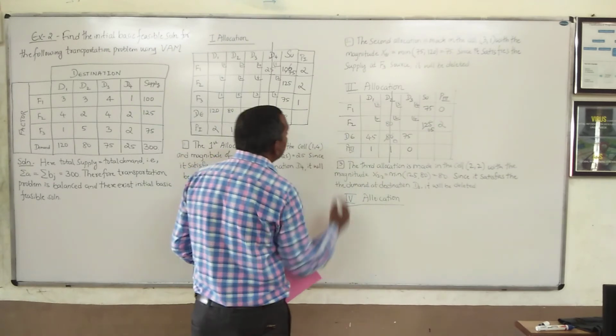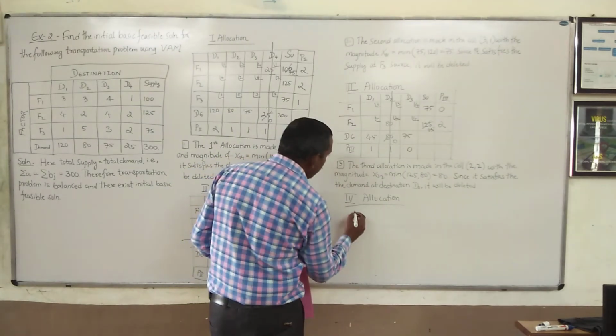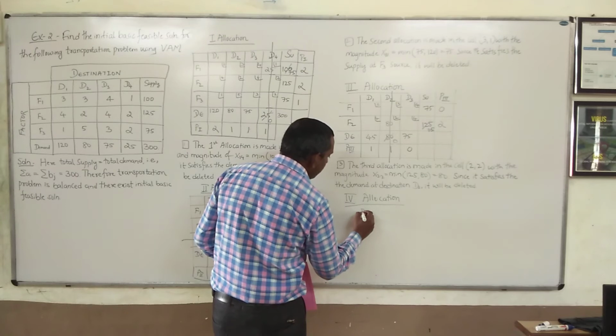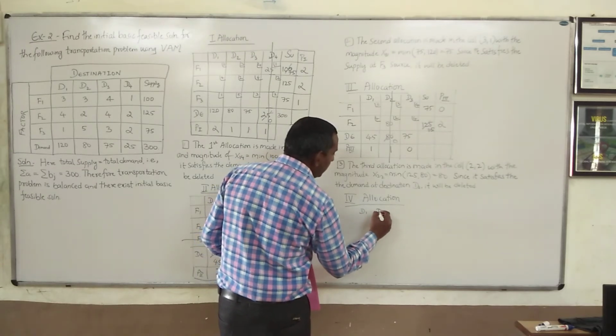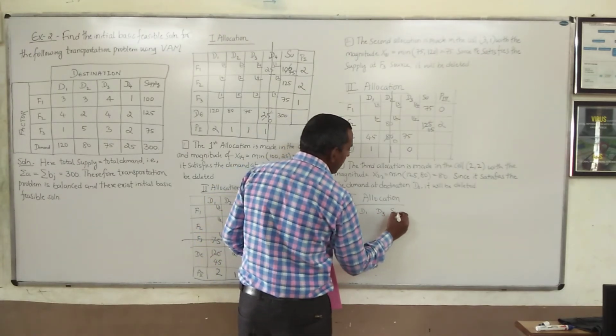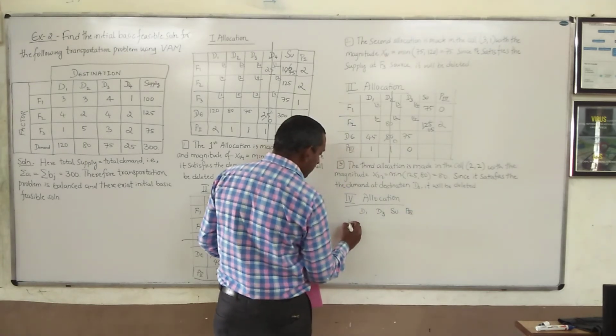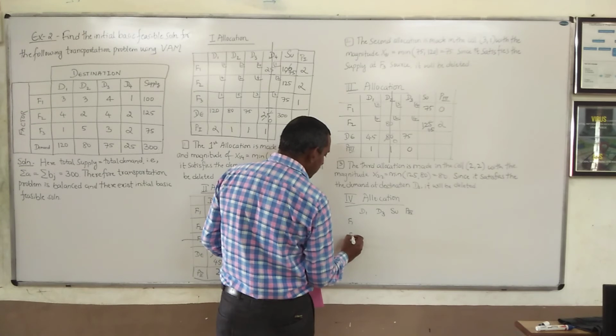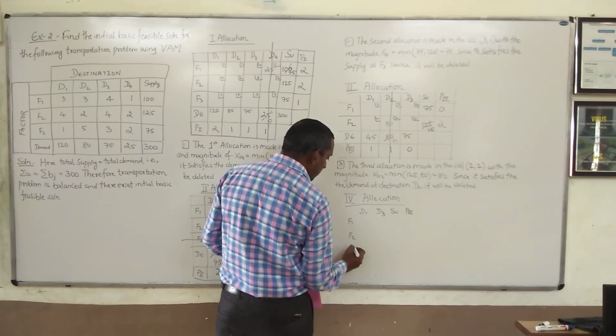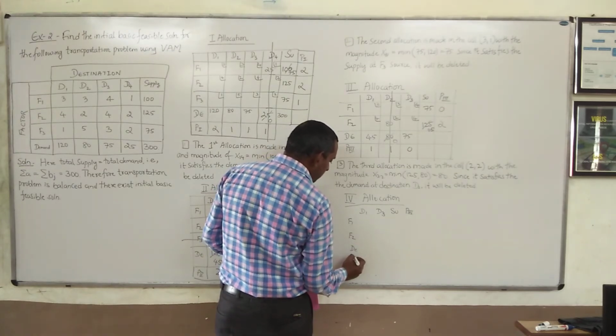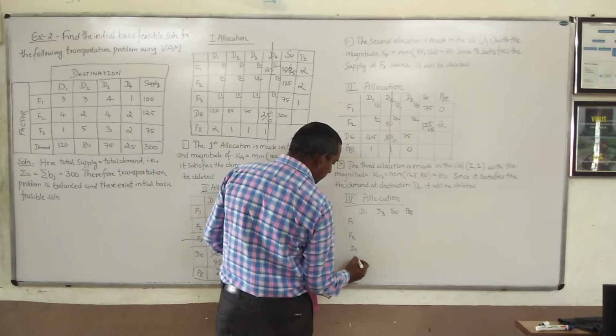In the fourth allocation, let me draw the table here. So it consists D1 and D3 followed by supply and it is P4. Next one is F1, it is F2, then it is demand, then it is P4.